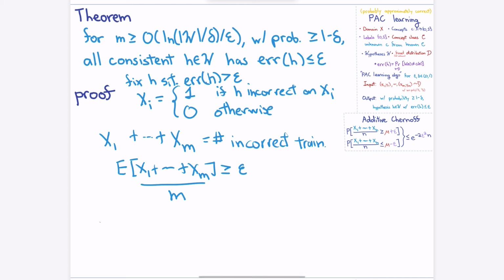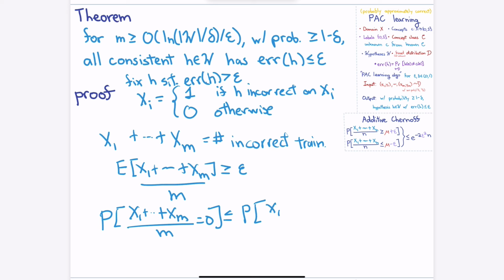Okay, so if I apply additive Chernoff, just following the thing in the box, the probability that this thing is equal to 0 is at most the probability that it's an epsilon factor less than the expected average. I'll write mu, where mu is something at least epsilon, right?